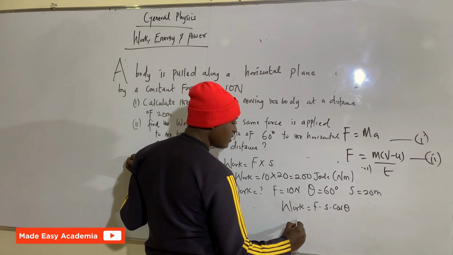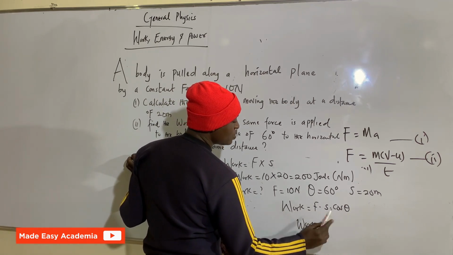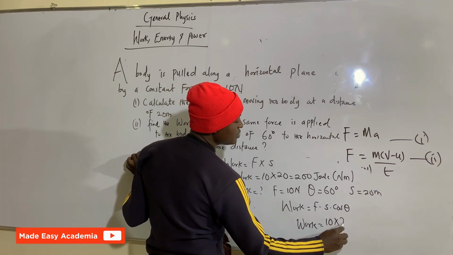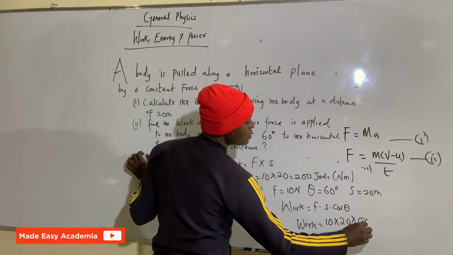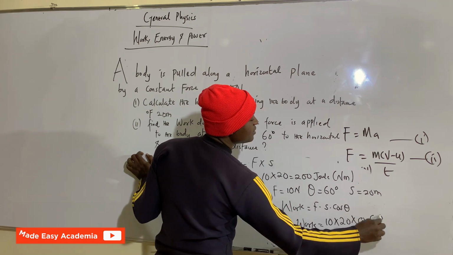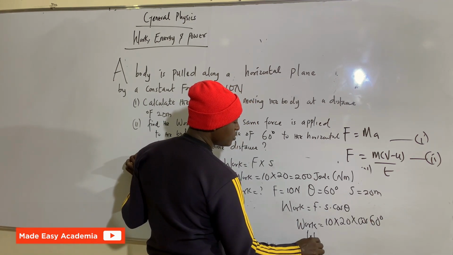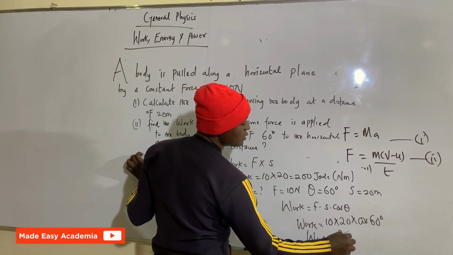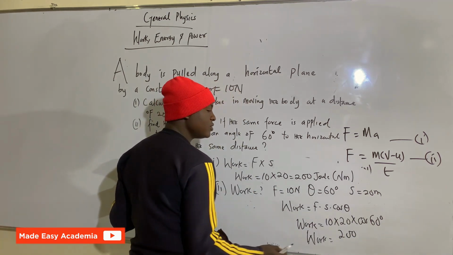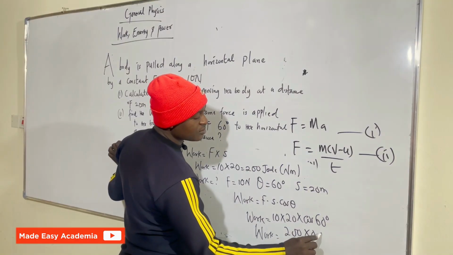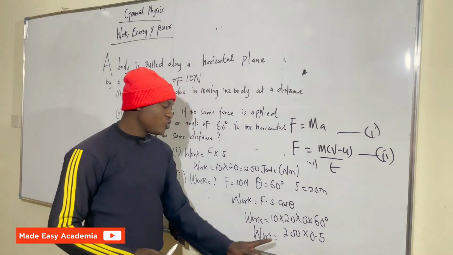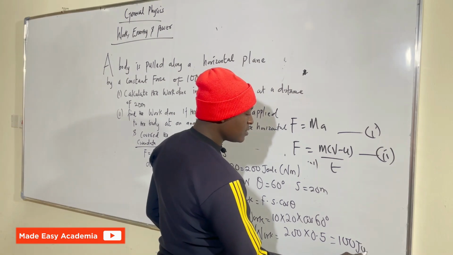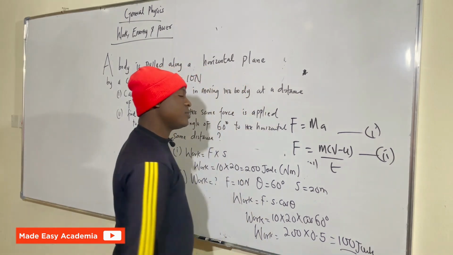So work done equals 10 multiplied by 20 multiplied by cos 60 degrees. 10 times 20 is 200. If you check your four-figure table or calculator, cos 60 is nothing but 0.5. So 200 multiplied by 0.5, we are going to have 100 joules. So that's all about this case.